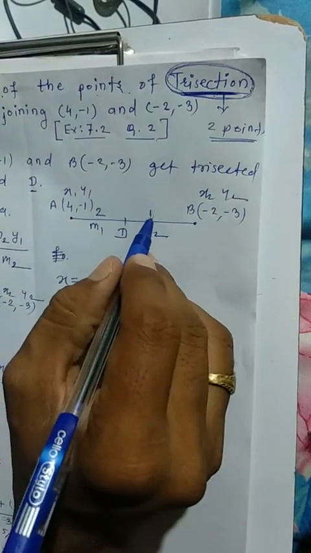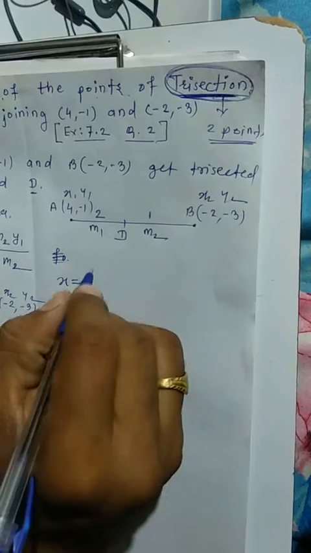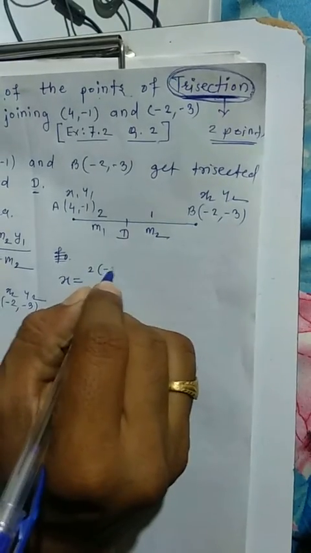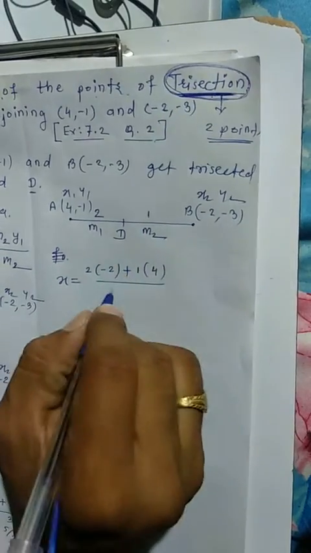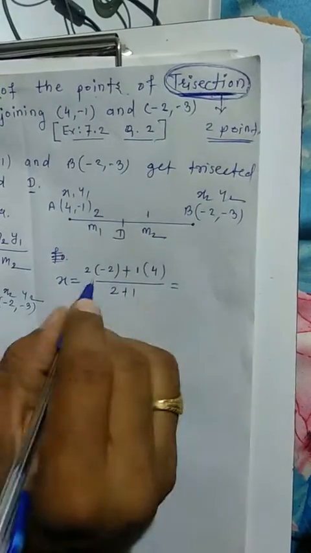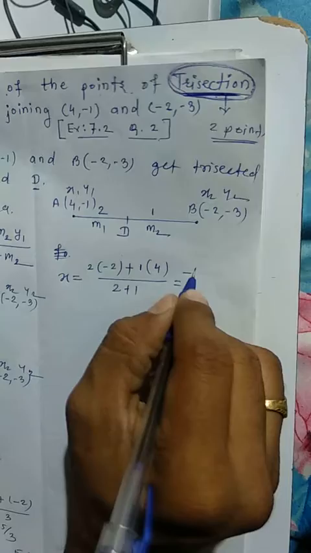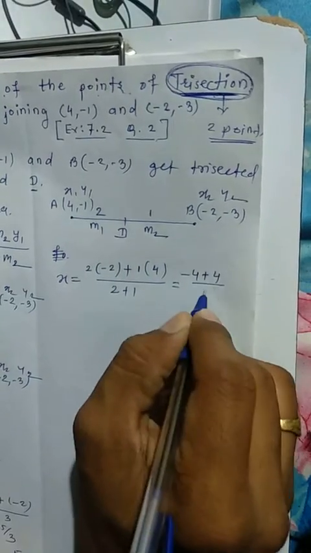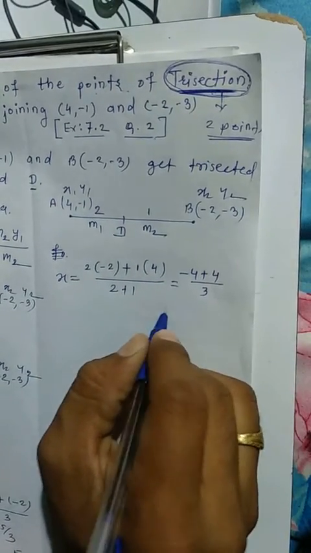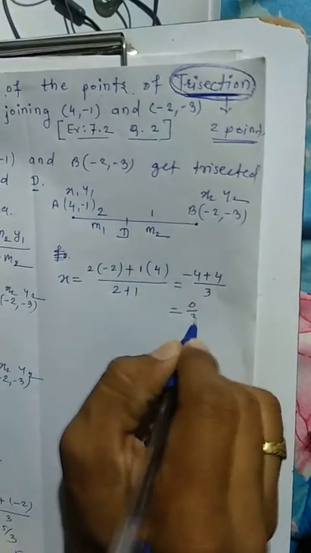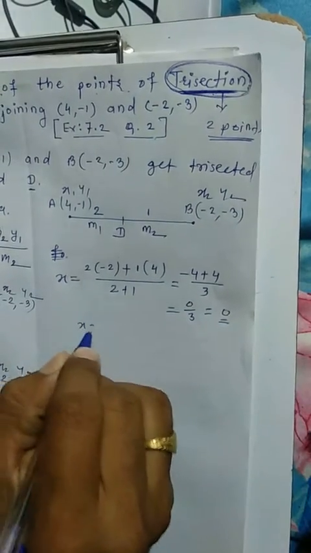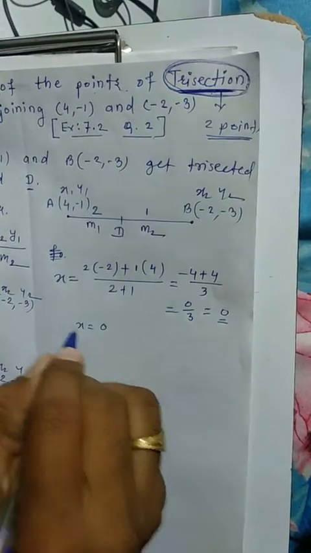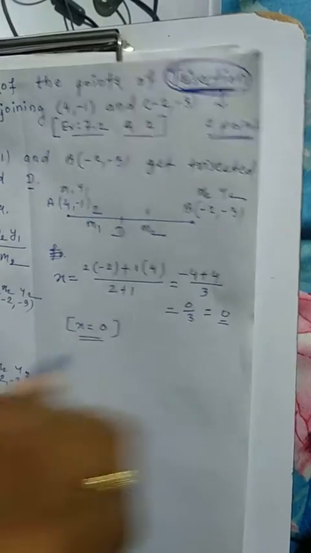What is m1? 2 into -2 plus 1 into 4, upon 2 plus 1. That gives -4 plus 4 upon 3, that is 0 upon 3, equal to 0. It means the coordinate for x is 0.